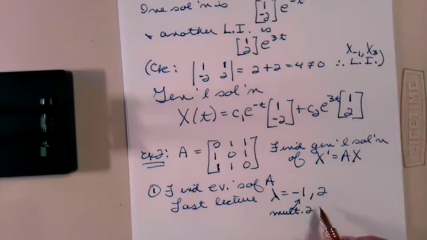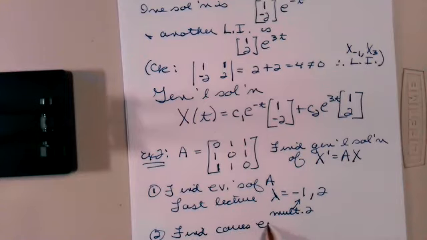In other words, we set the determinant of A minus lambda I equal to 0 and worked it out. And then the next step is to find the corresponding eigenvectors, which we also did in the last lecture.